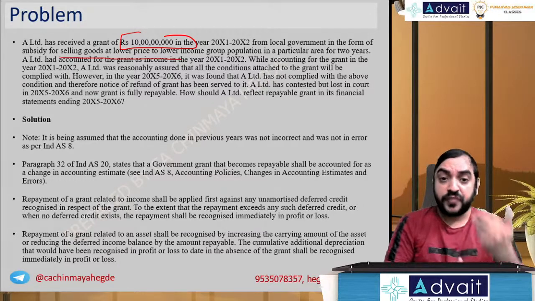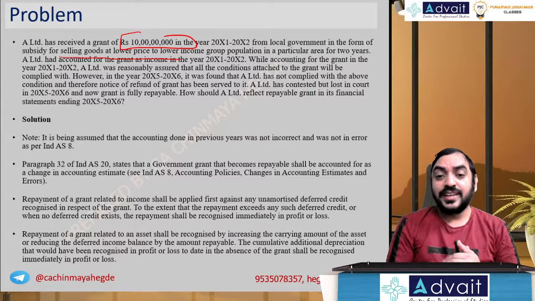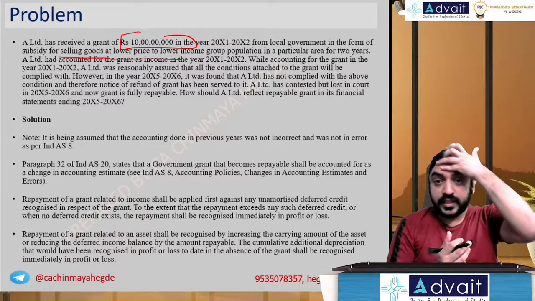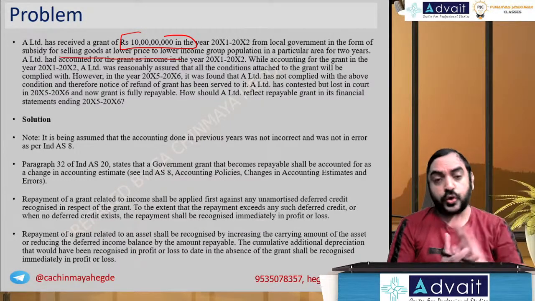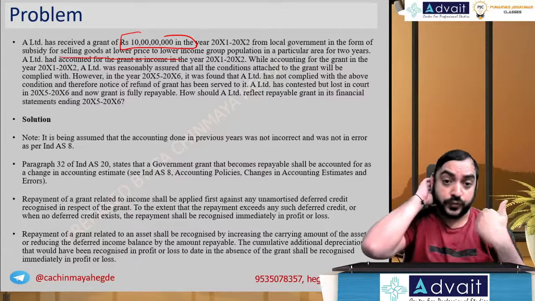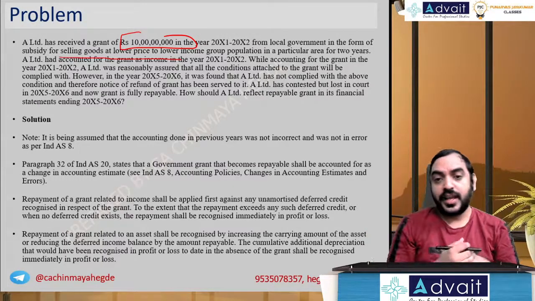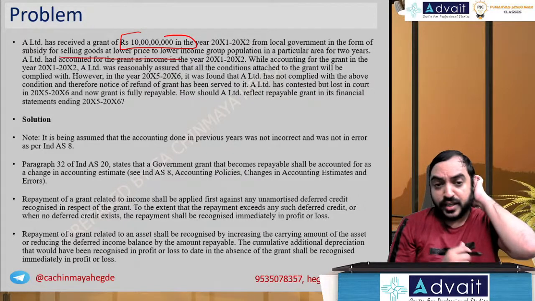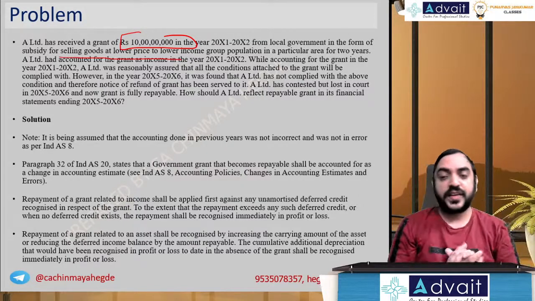However, in the year 2005-6, it was found that A Limited had not complied with the above condition and therefore a notice for refund of grant was served on A Limited. It contested, but lost in the court in 2005-6, and now the grant is fully repayable. How should A Limited reflect the payable grant in financial statements ending 2005-6?